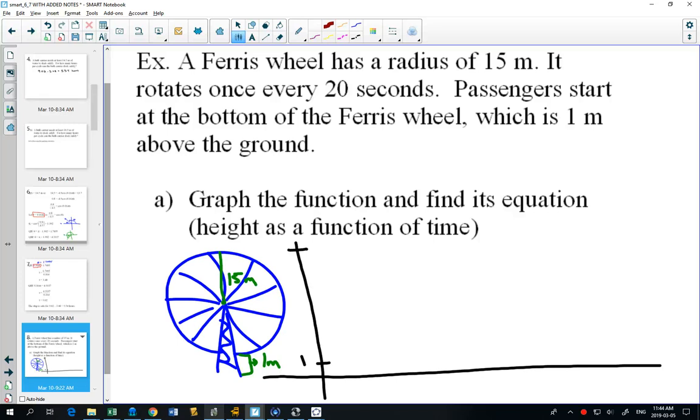Where is my center line going to be? Center line is going to be at 16. How do you figure that out? The radius is 15 plus the 1 meter that it's off the ground. Perfect. And then what's your maximum going to be? Another 15 higher, 31.